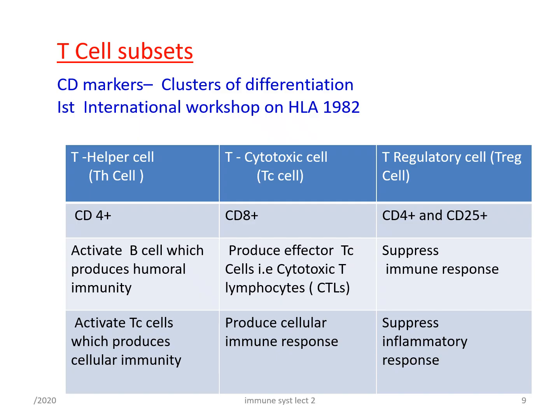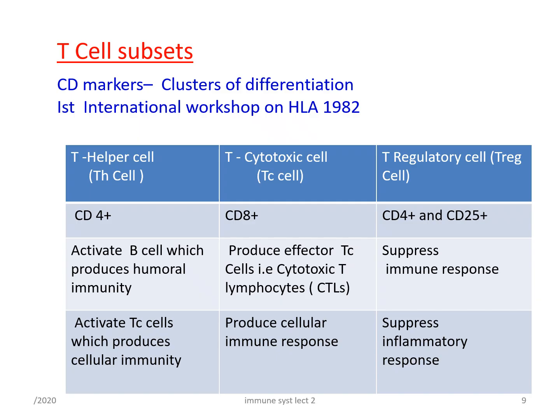So TC cell on activation becomes CTL, that is cytotoxic T lymphocyte, and cytotoxic T lymphocytes are responsible for cellular immune response. So TC cell is directly responsible for the activation of cellular immune response.